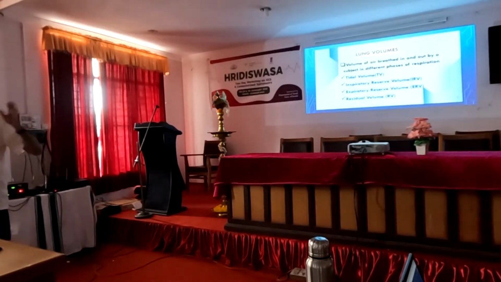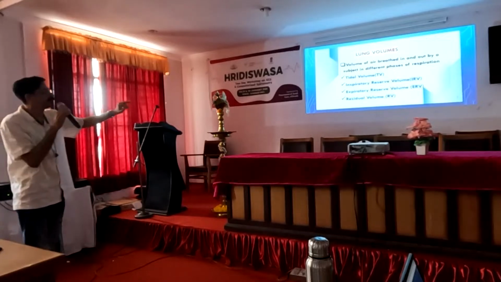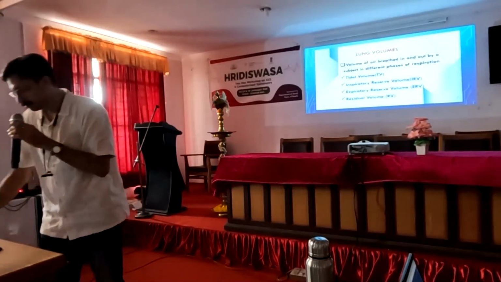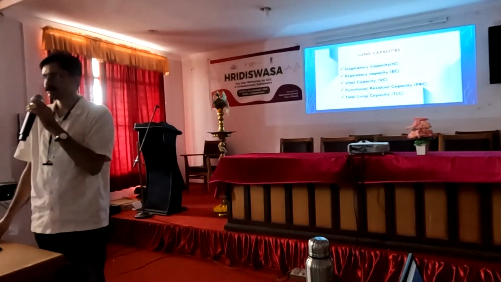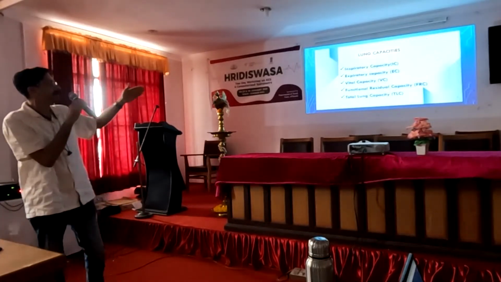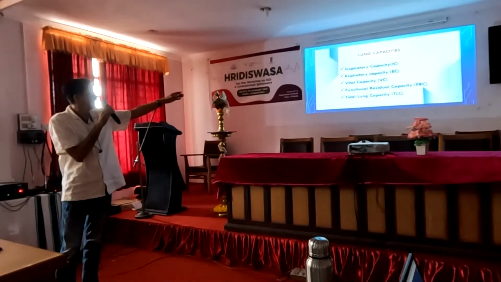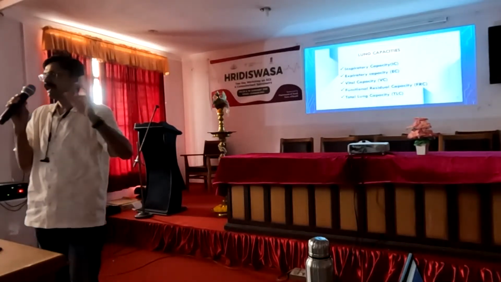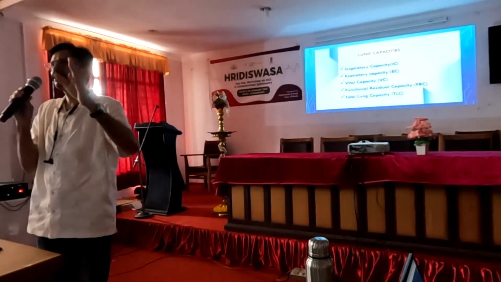So the lung volumes are tidal volume, inspiratory reserve volume, expiratory reserve volume and residual volume. These are the important lung volumes. Next is the capacity. What is lung capacity? Lung volume is the amount of air breathed in and out in different phases of respiration.